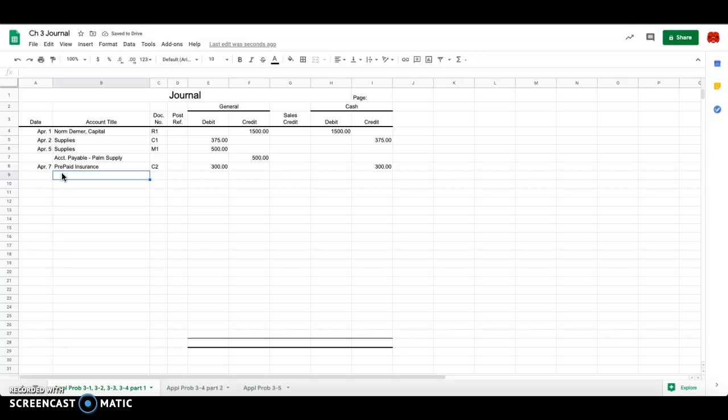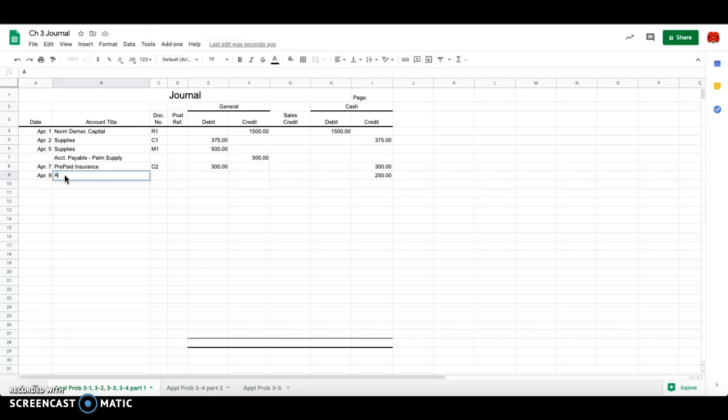All right, now it says we paid cash on account to Palm Supply, $250. So now we are paying off some of that. So I'm going to do April 9th. And if I'm paying cash, I'm going to come over here, and I know that it's a cash credit, and it's for $250. All right, and it said we're now paying Palm Supply.